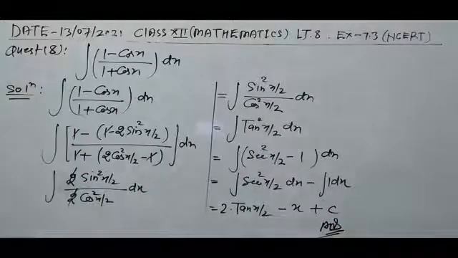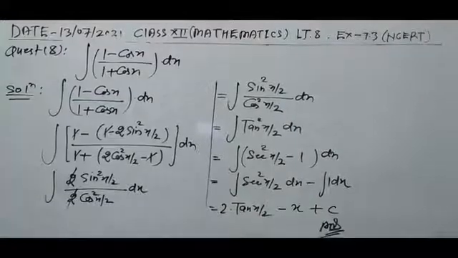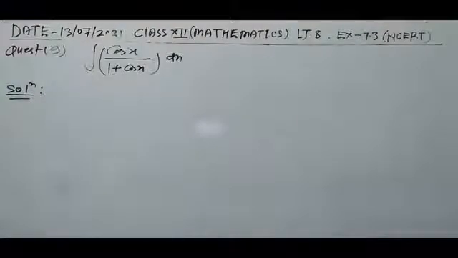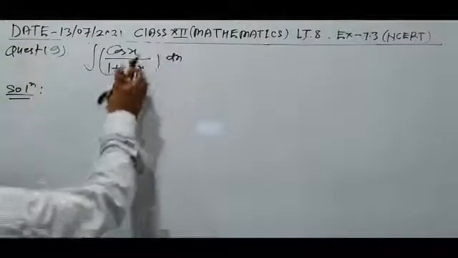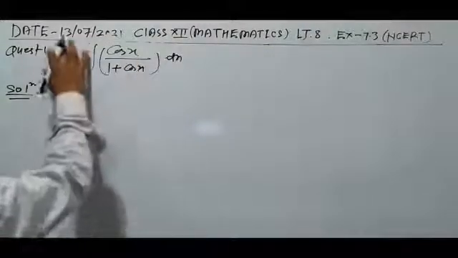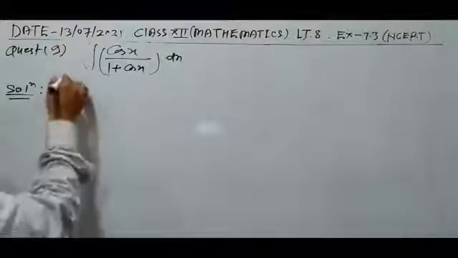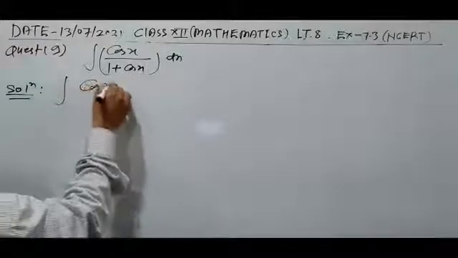Now question number 8 is completed. Now come to question number 9. Question number 9 is integration of cos x whole upon 1 plus cos x dx. So in this question, what will you do?